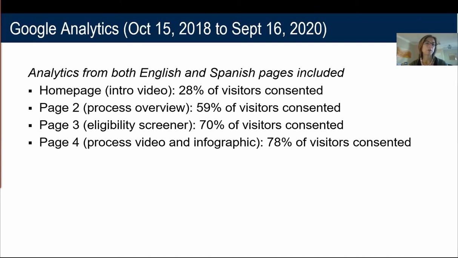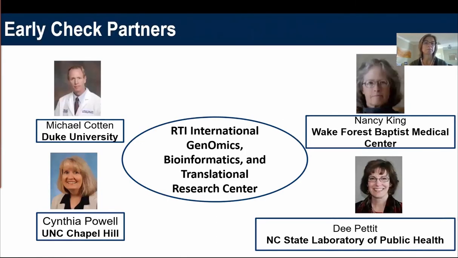If people go through our eligibility screener, which is the third screen, which I didn't show you today, 70% of them give consent. And if they get to the fourth screen, then almost 80% of them give consent. So you can see our conversion rate and how we can look at different indicators from the actual analytics of the electronic consent platform, which is a really robust tool to look at the outcomes of informed consent using these platforms.